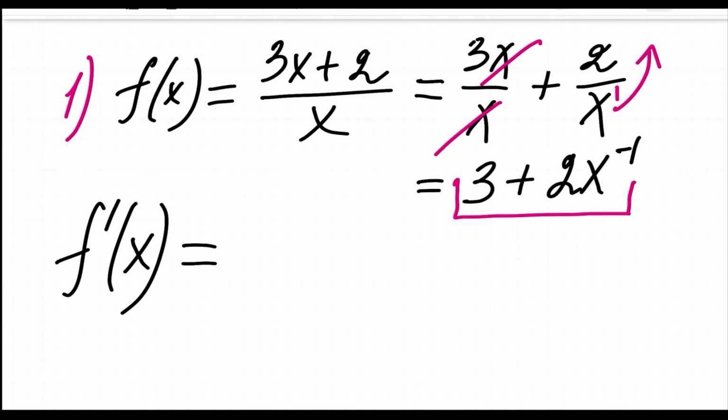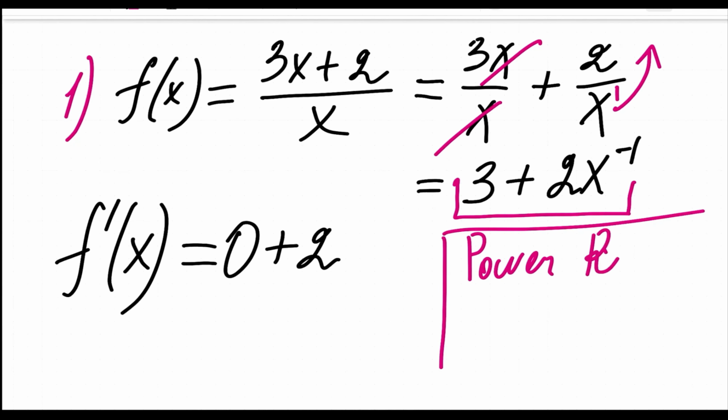Now let's apply the power rule. The derivative of 3, the derivative of any constant, is just 0, so 3 goes away. Now by the constant multiple rule, we want to keep this 2 right off the bat, and now let's apply the power rule to x to the negative 1.